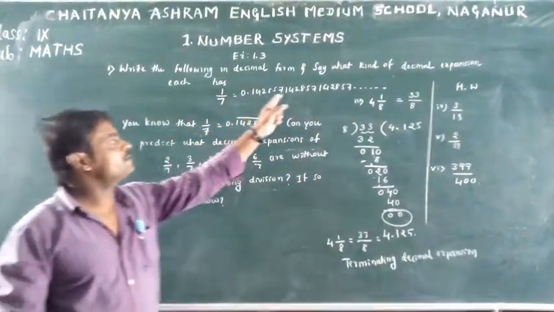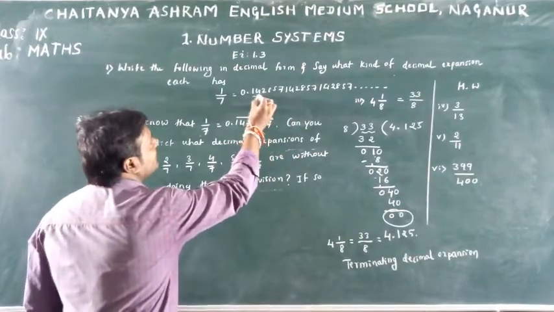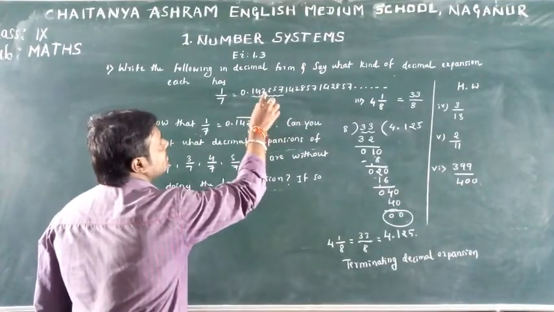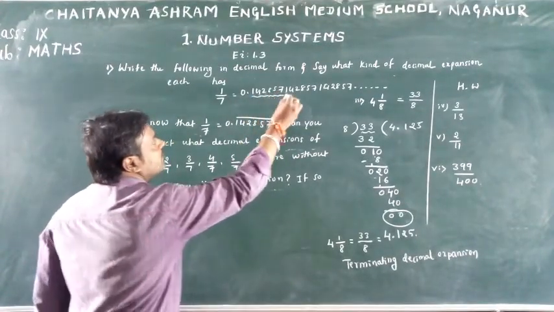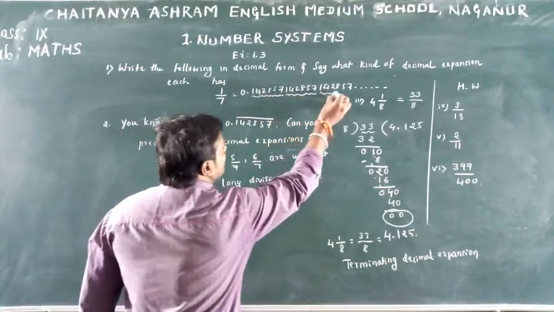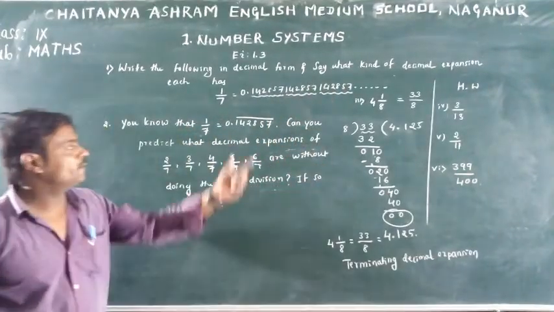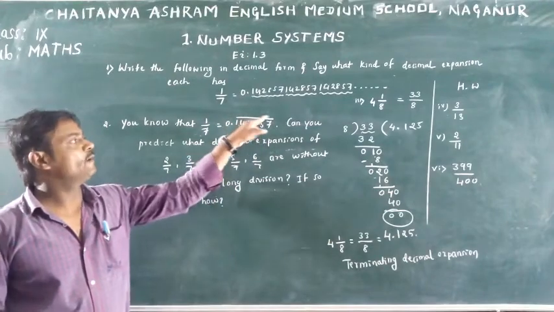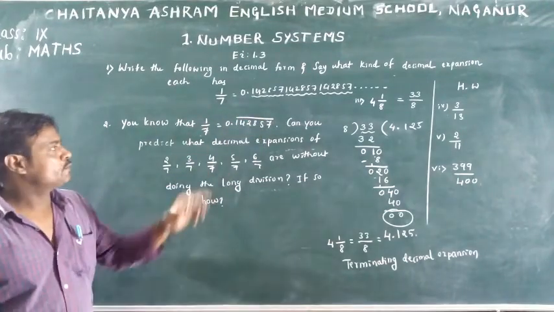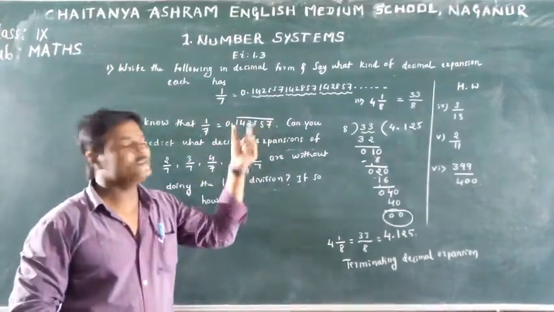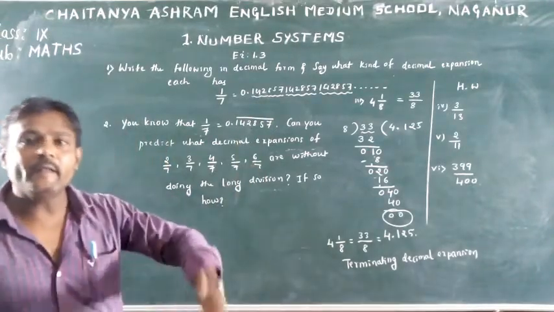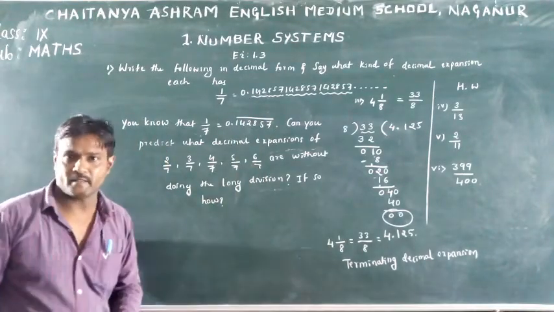Instead of writing this, how many digits are repeating? These 6 digits are repeating, no? So we can write the repeating digits one time and write a bar over them. So which kind of decimal expansion is it? Non-terminating recurring decimal expansion. Clear?